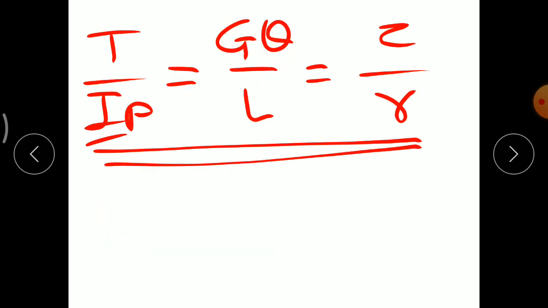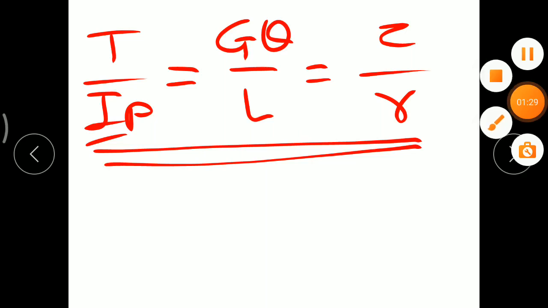For solving this, we need one equation, that is the equation of torque, and it is nothing but T upon IP, and IP is also denoted by the letter J, that is polar moment of inertia, is equal to G theta upon L is equal to tau upon R. We use this equation to determine the value of D. Now we will solve this equation one by one.